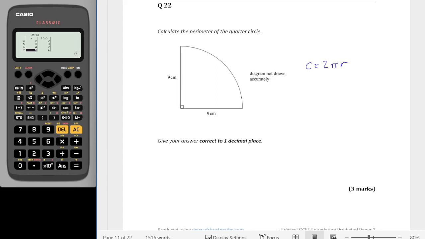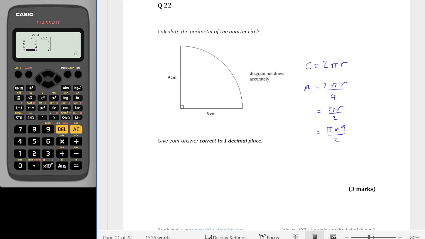So the perimeter of the arc is going to be equal to 2 pi r divided by 4, because we want a quarter of it, which is the same as pi r divided by 2. So pi times by 9 divided by 2.